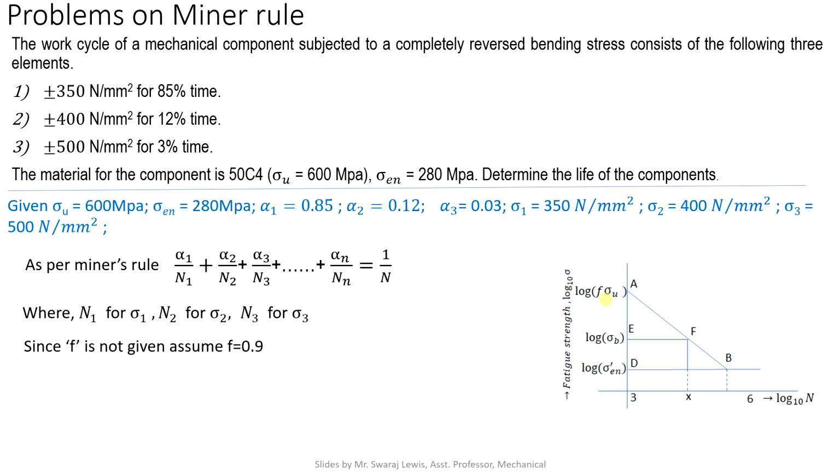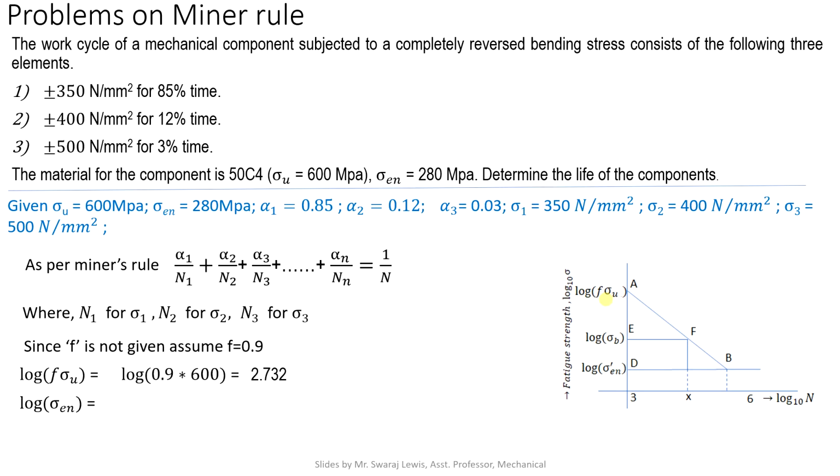So if you look at the various components, since F is not given, we are going to assume it as 90% of ultimate. Fatigue load will be 90% of ultimate load, so that will be the maximum available load. Because of that, we are going to calculate log of F into sigma u, logarithm base 10. That is 0.9 into 600, and we are going to get 2.732.